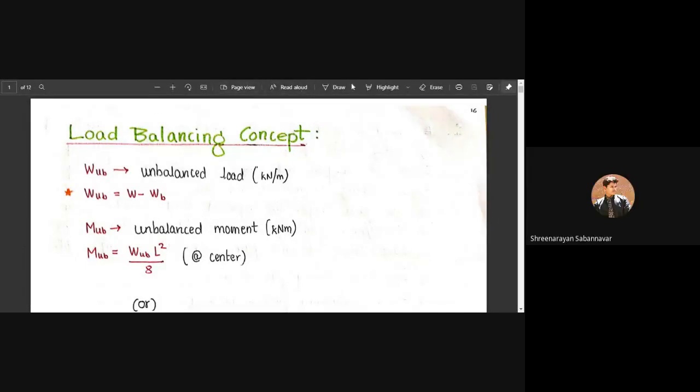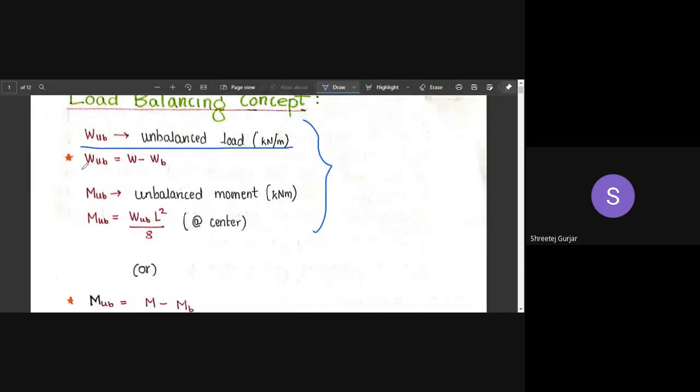Yes, sir. Okay. So load balancing concept, just to summarize. WUB is the unbalanced load, in kilonewton per meter. Unbalanced force is W minus WB, where W is your applied or superimposed load, and WB is your balancing load, which is your upward thrust.